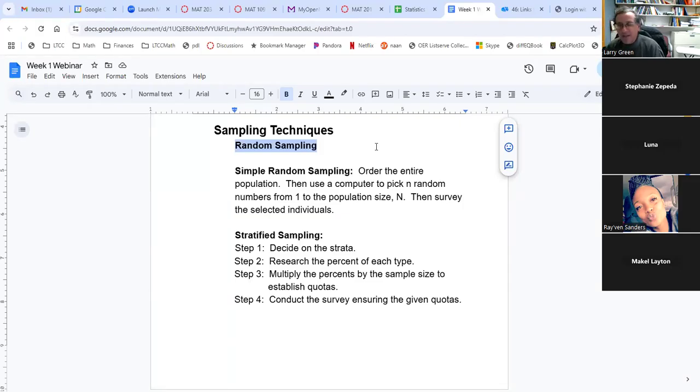And that is not even possible when the population is all Americans. You can't get a list of every American and know where they are and know how to find them. So when you have a population of all Americans and you want a random sample, you can't. Does that make sense? Okay, you just can't do it.